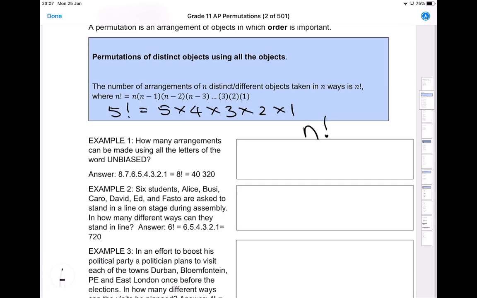It's U, then N, then B, then I, A, S, E, D. But we can scramble those letters and start with any one of those. So how many different arrangements can we make? We could be forming words, but maybe some of the words are meaningless. They don't make any sense. So how many different arrangements can we make using the letters of the word unbiased?